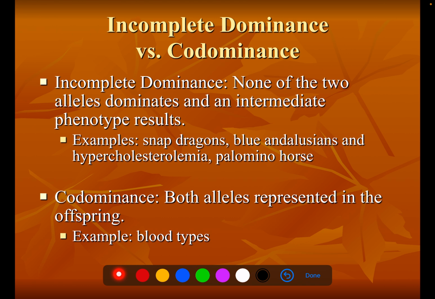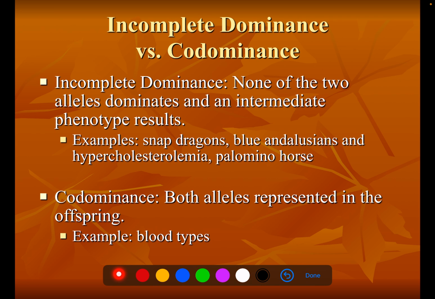But in the case of non-Mendelian genetics, the crosses produce genotypic and phenotypic ratios that are different. So let's look at examples of those. In incomplete dominance, none of the two alleles will dominate. Already that's a departure from Mendelian genetics where one allele dominates over the other.